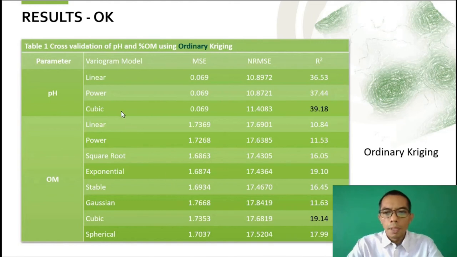The cubic variogram exhibited the highest R-squared for both pH and organic matter. For pH, it has an R-squared of 39.2%, while for organic matter, it has 19.14%. The differences in errors in terms of mean square error and normalized root mean square error among variogram models are very small.